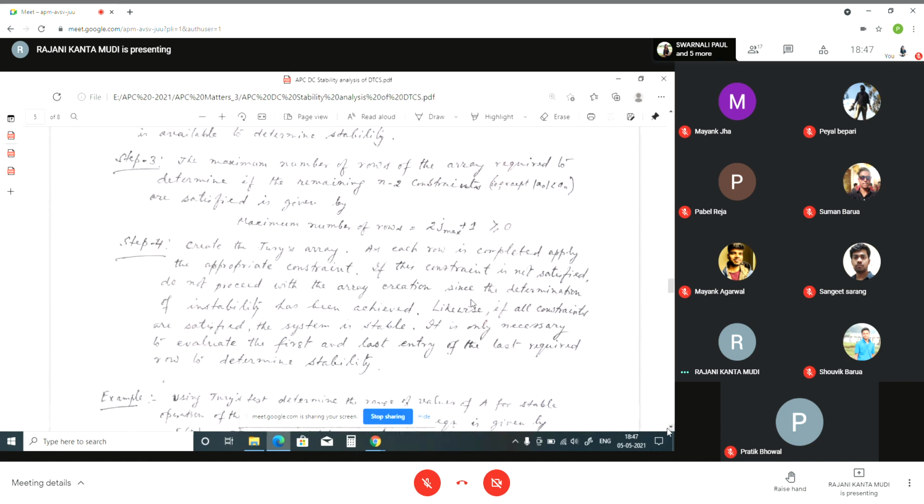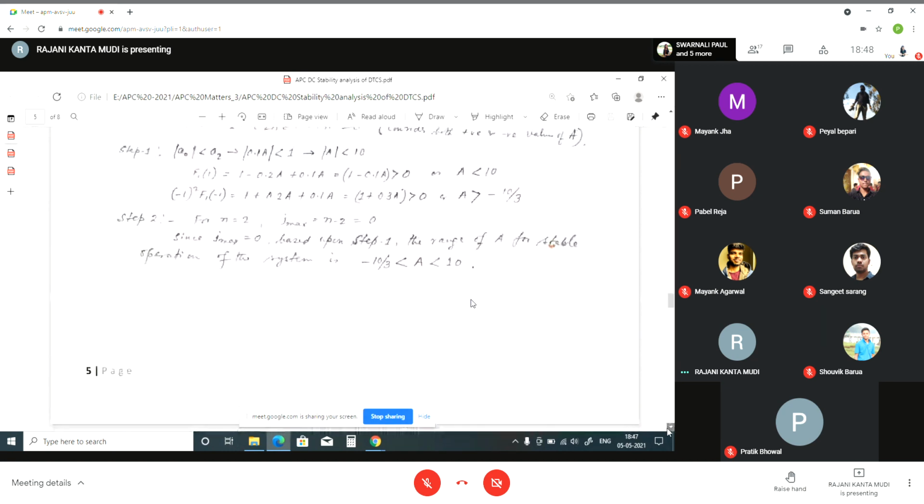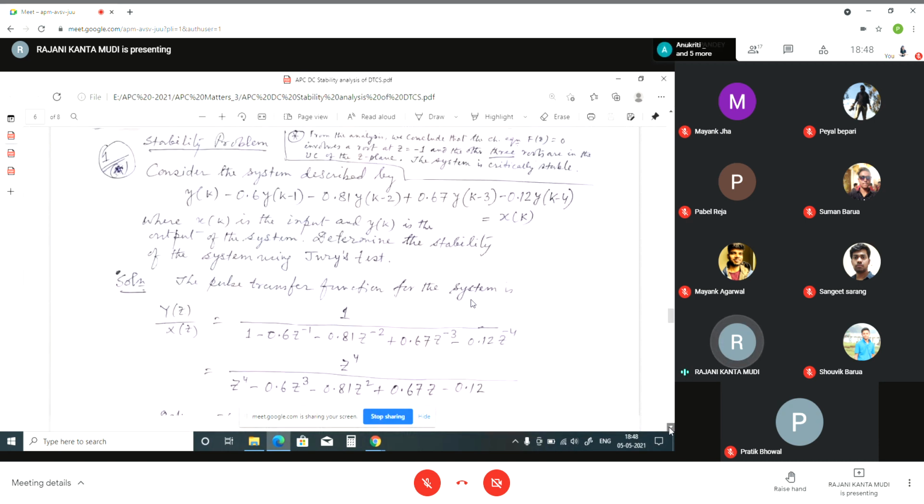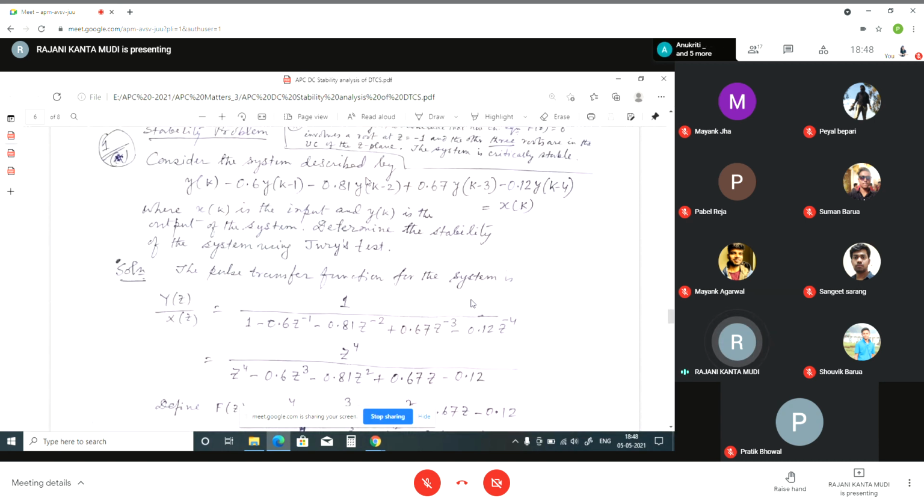Okay, some examples are there. This problem, say, consider the system described by this difference equation. From this difference equation, we can form the transfer function: this is output, this is input, so output by input is the transfer function.